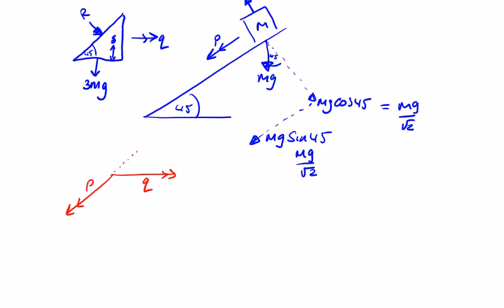If I continue this line up here to create a corresponding angle, because the acceleration of the particle is actually in between here, because we have this force opposing it, the Q going to the right and the P going down to the left. So as this is Q, this direction here is going to be the same as this direction here, so it's going to be our acceleration for these forces.